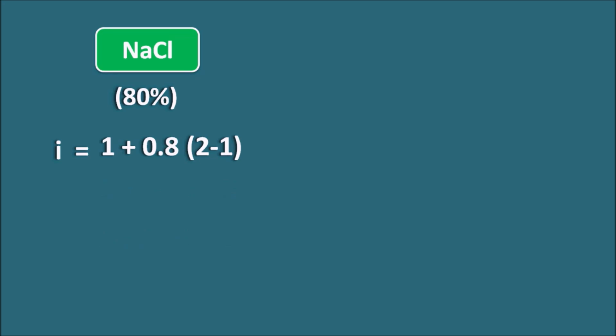The v is the number of ions produced in dissociation. When sodium chloride is dissociated, it gives 1 cation and 1 anion, so the total number of ions is 2. So here v is equal to 2, so 2 minus 1. Now this is equal to 1 plus 0.8, which is nothing but 1.8. So we got the same value when we calculate by using the equation.